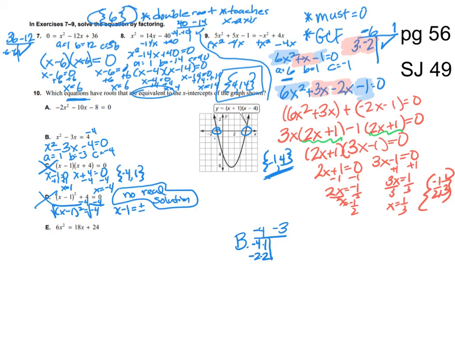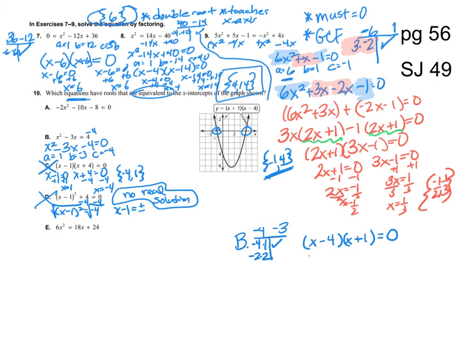And -4 and +1, when you add them together, give me -3. Is my a value 1? Yes, it is. So I can go straight to my two empty binomials, put x in the first spot of each one, -4 in the first one, and +1 in the second one.